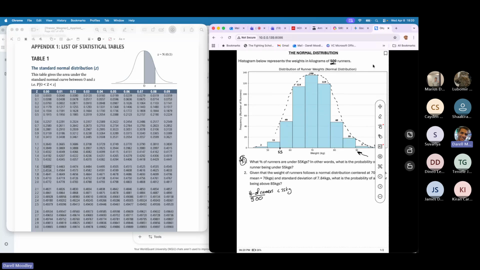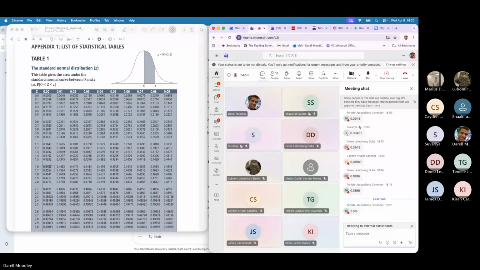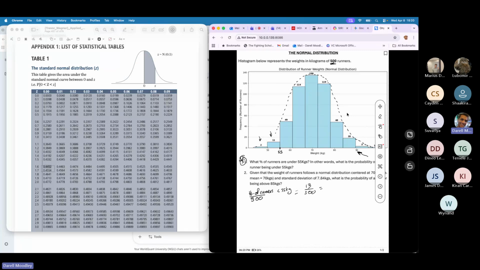So what do you think that value is? 2.6%. Nicely done. Very good. Look at how many runners are under 55 kgs: you got 2, you got 11. So it's 2 plus 11, which is 13. 13 over 500, that's 2.6%.